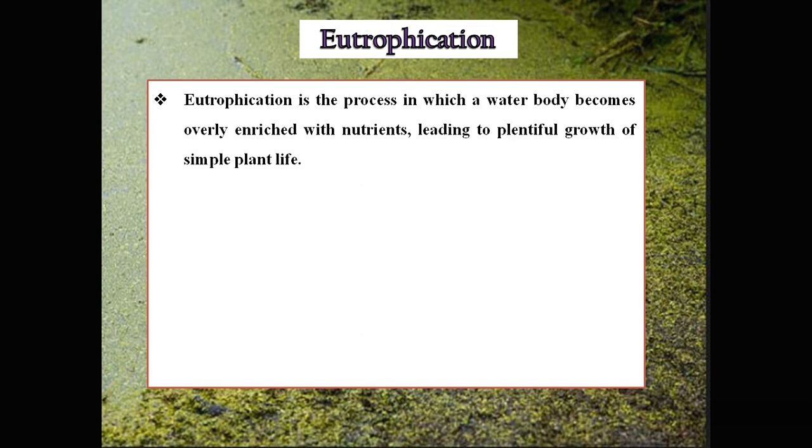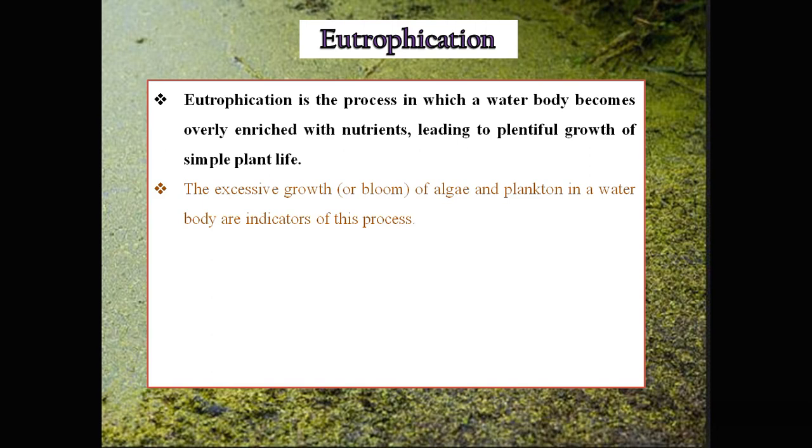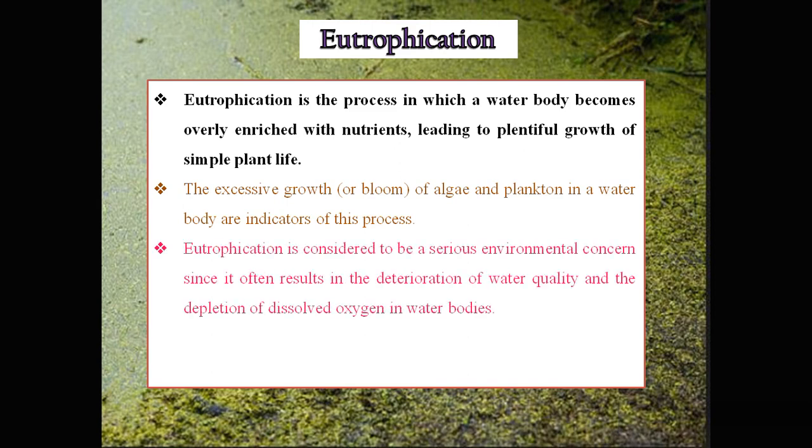Eutrophication is the process in which a water body becomes overly enriched with nutrients, leading to plentiful growth of simple plant life. The excessive growth, or we can call it a bloom, of algae and plankton in the water body is an indicator of the process of eutrophication.